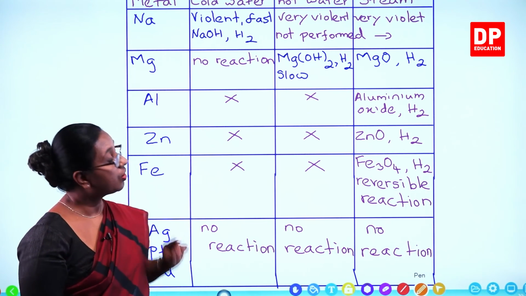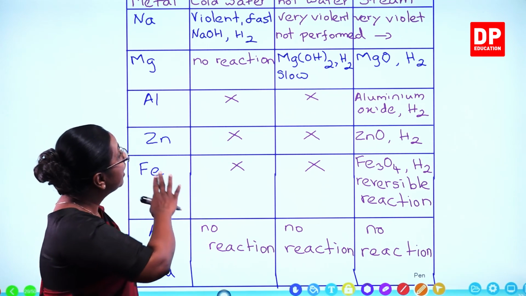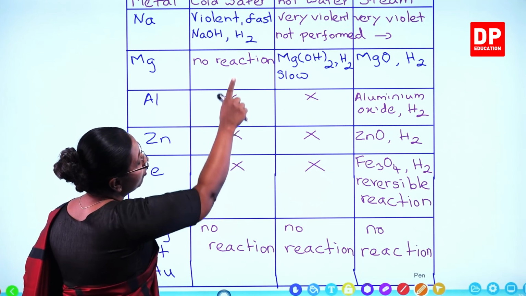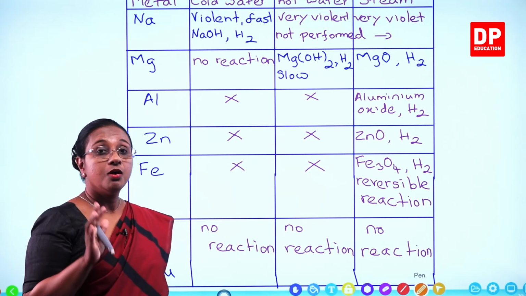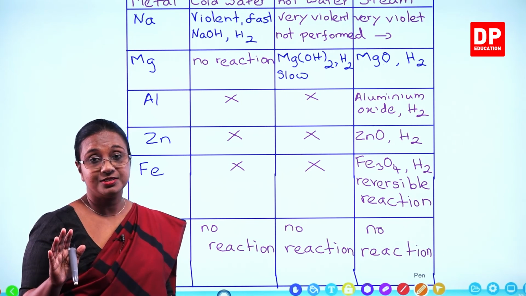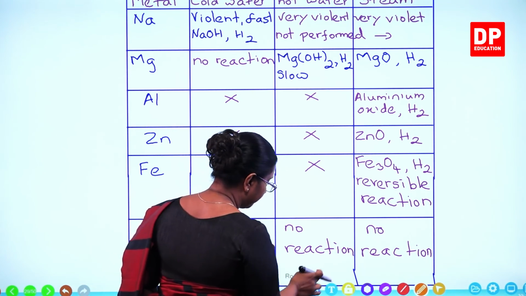There is one common thing you can notice. What is it? Whenever they react, whether it's cold water, hot water or steam, metals always liberate hydrogen when they react with water. That is important.